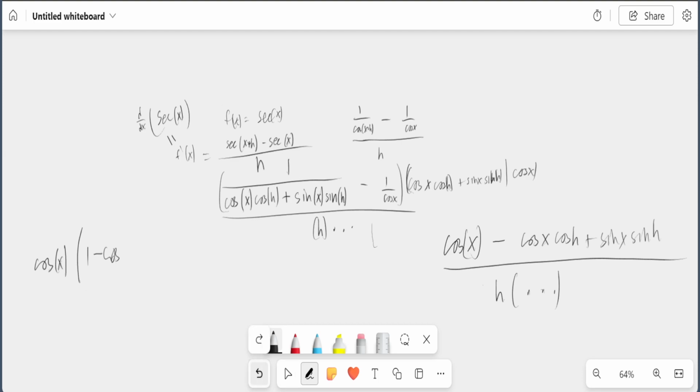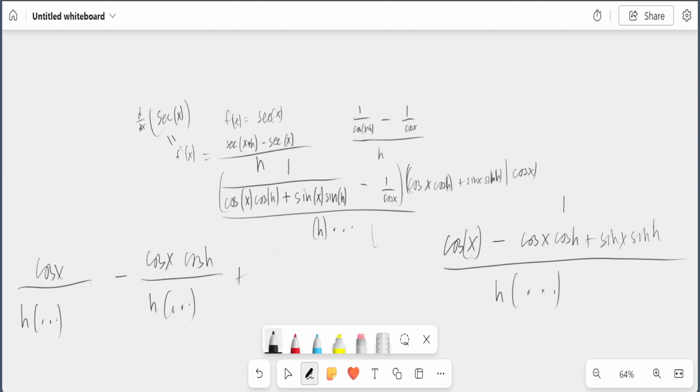So you split the denominator, and then you get cosine x over h times all of that, minus cosine x cosine h over h times all of that, plus sine x sine h over h times all of that.